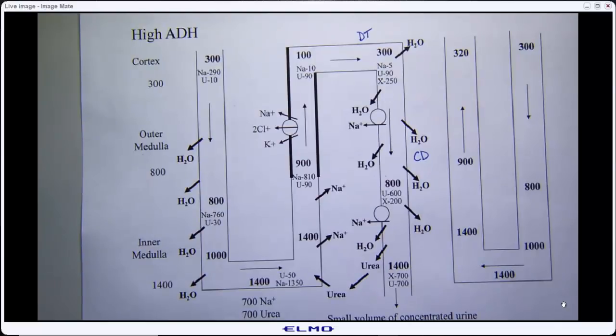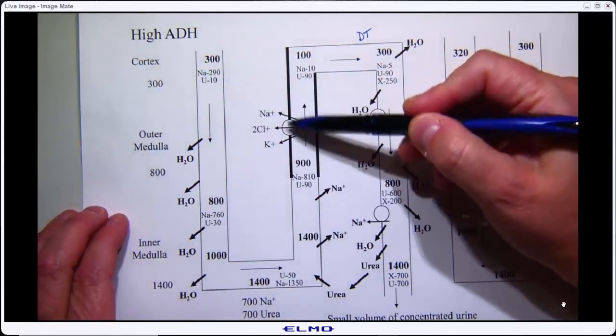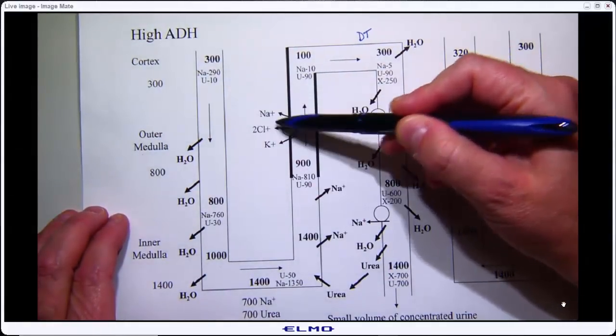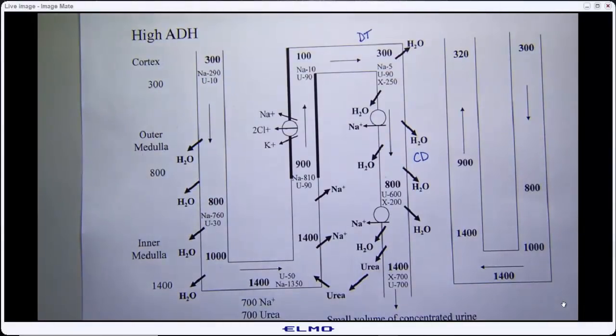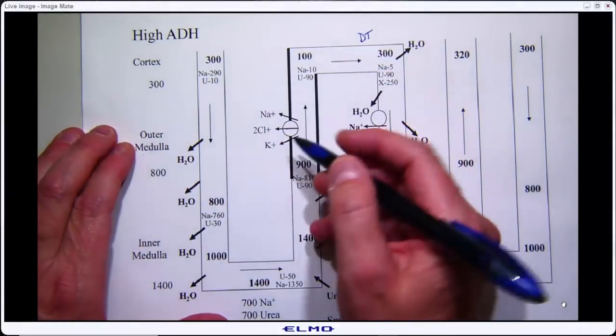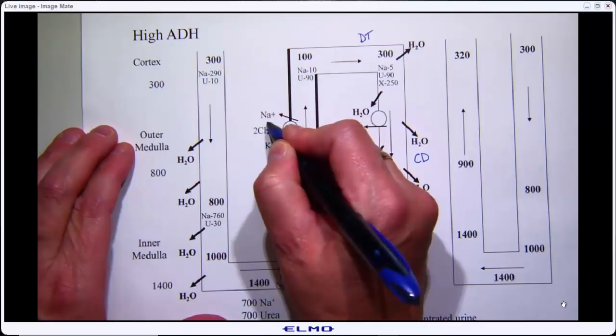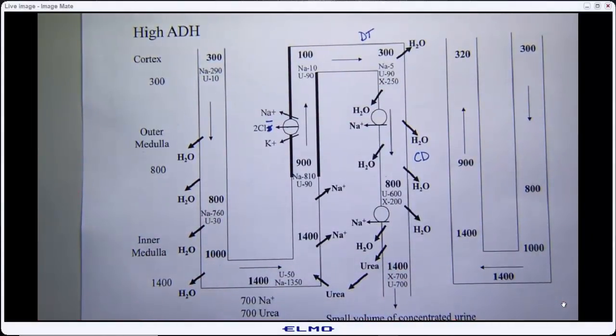Okay, this is just how the kidney's working. We flow that fluid past the thick ascending limb by those transporters, where we move ions, sodium, chloride, and potassium. Okay, so now we're actually moving them out, not necessarily according to any concentration gradient.